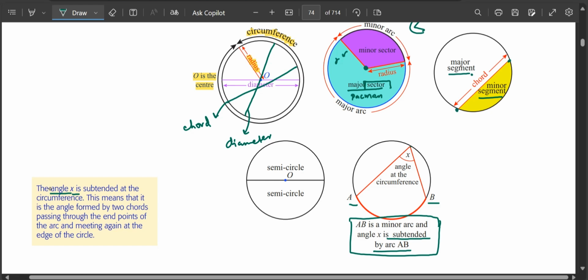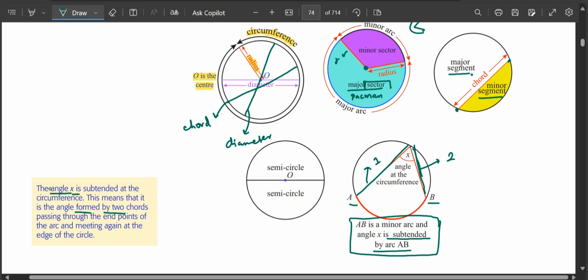This means that it is the angle formed by two chords. ये angle जो है ये two chords, देखो this is chord 1, this line, this is chord 2.